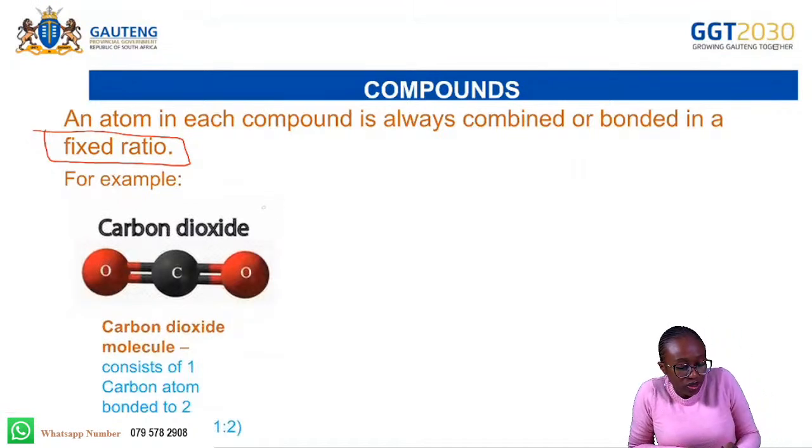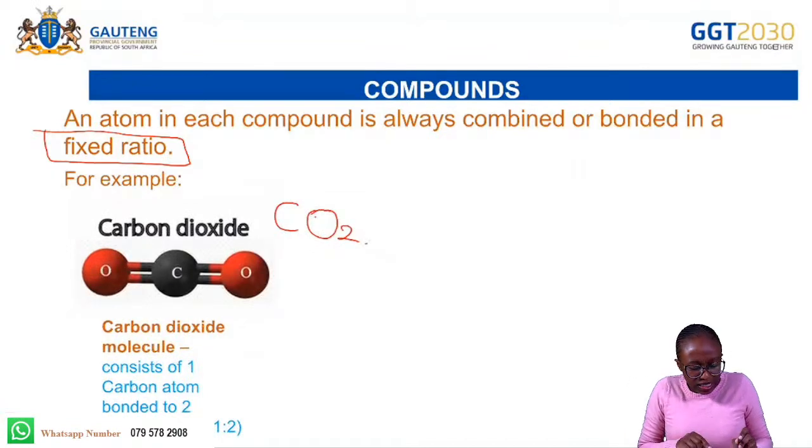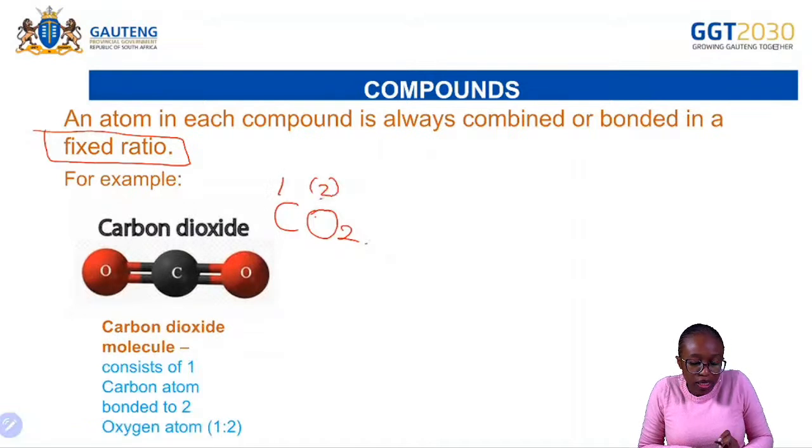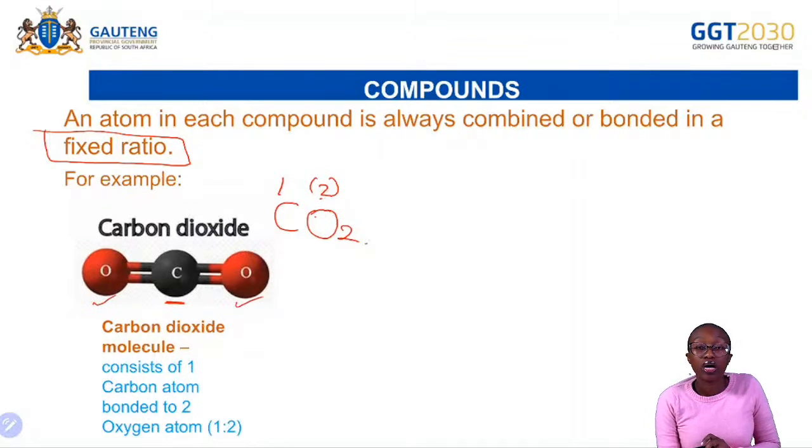Remember we said carbon dioxide, whose chemical formula is CO2, consists of one carbon atom and two oxygen atoms. So this one carbon atom, there it is, and then we have our two oxygen atoms. So we say fixed ratio.